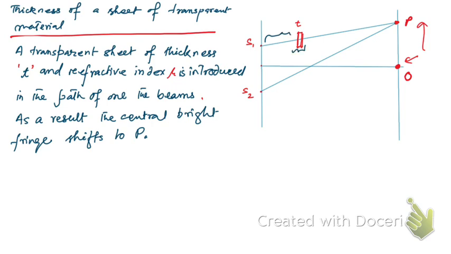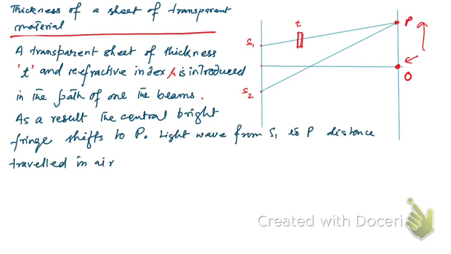then in the thin sheet, then again in air, right? So now the distance travelled in air by the wave from S1 to P is S1P minus t. t is the thickness of the transparent sheet. So this is the complete path, and out of that this part is the thickness.